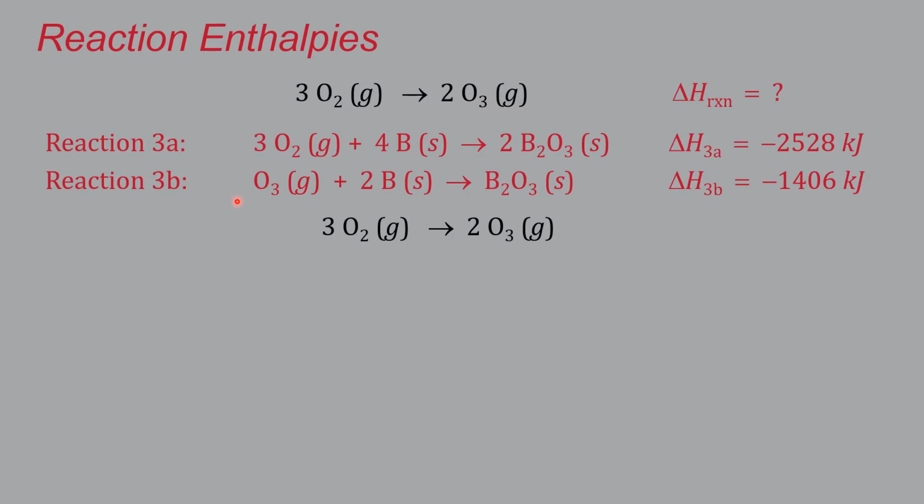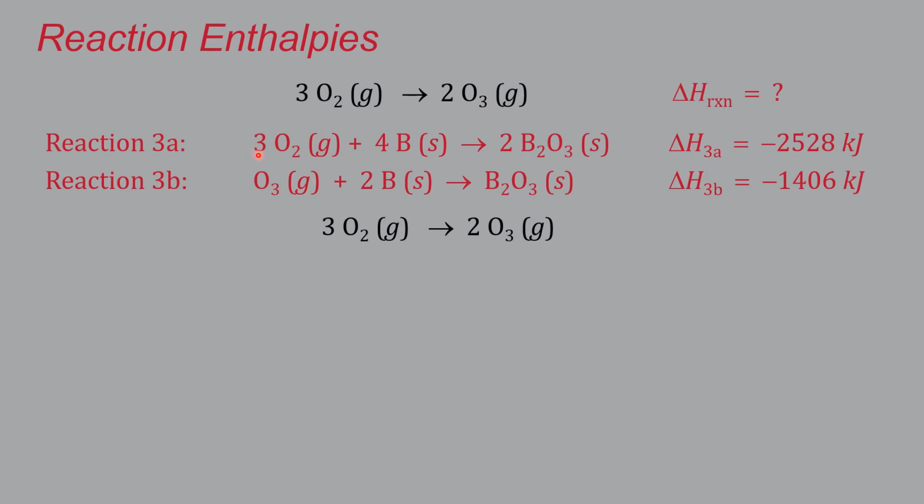So for example, O2 is involved in your target reaction. And in both of these reactions, O2 only occurs as a reactant in reaction 3A. So that's a sign that maybe you should leave that one as is. And now think about amounts. This reaction requires 3 moles of oxygen as a reactant.